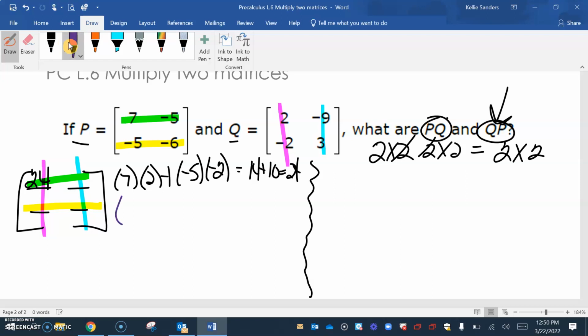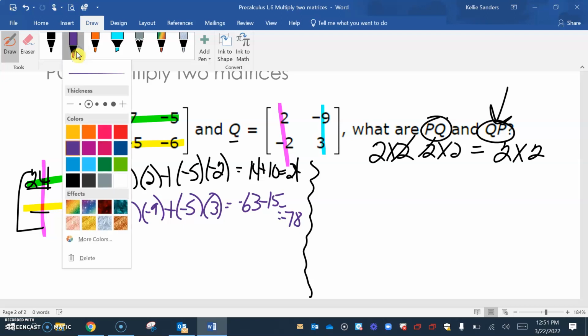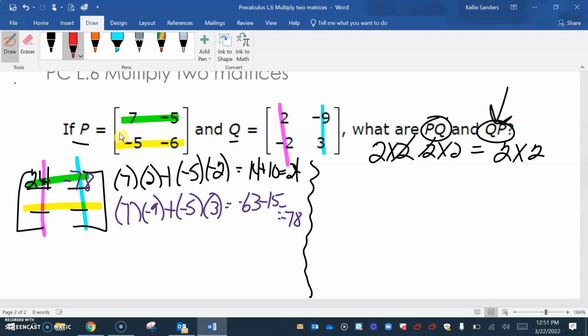Then green and blue. I'm doing these fairly fast and without a calculator, so if you check me and I'm wrong, let me know. Negative 5 times 2 plus negative 6 times negative 2, negative 10 plus 12 is 2.